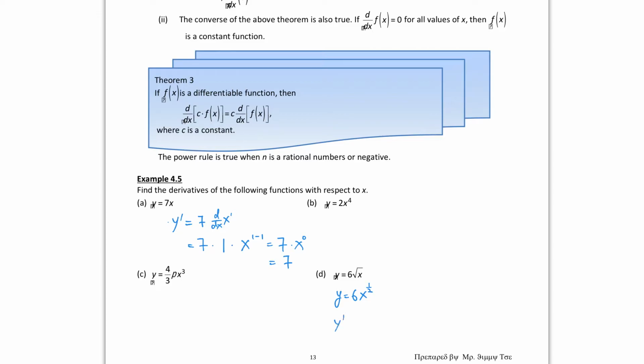So y dash is equal to, we can ignore 6 and find the derivative of x to the power 1 over 2. So write down the degree first, and degree minus 1, which is equal to 3 times x to the power negative 1 over 2. You may do part B and part C. We can check the answer during our lesson.